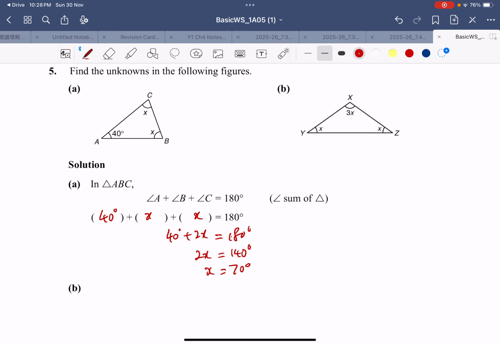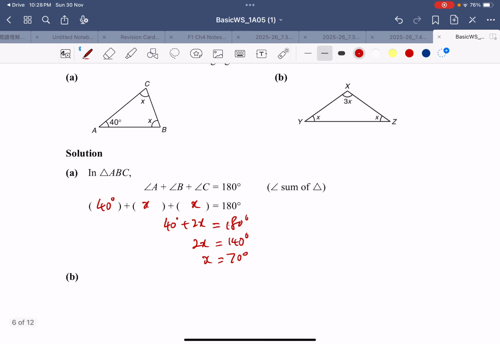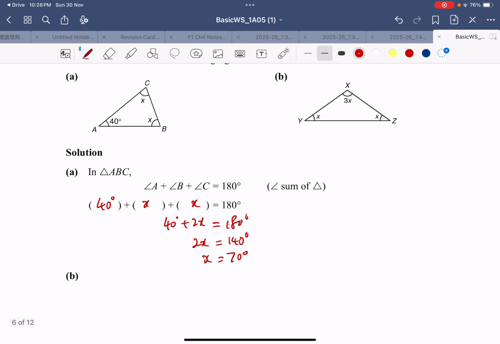You can easily solve for X. And then try it for B. Don't skip it.